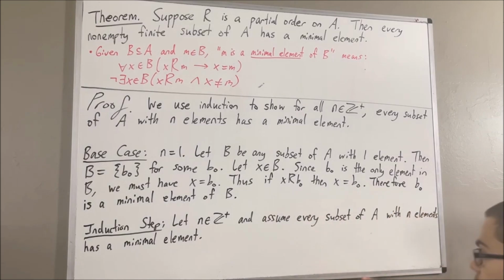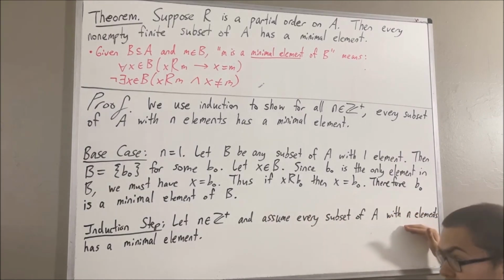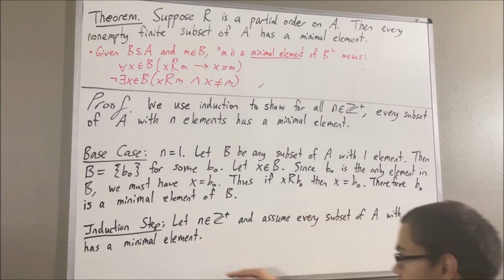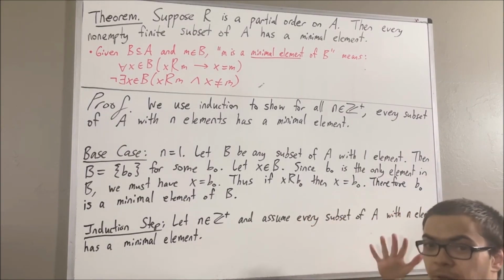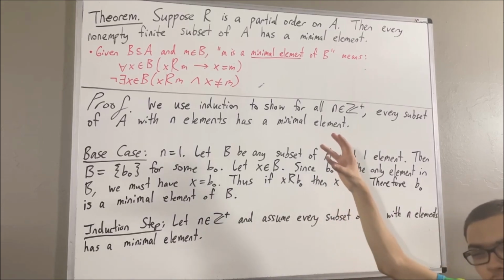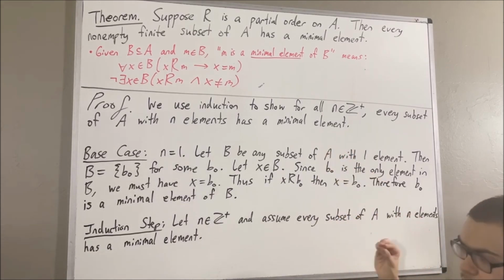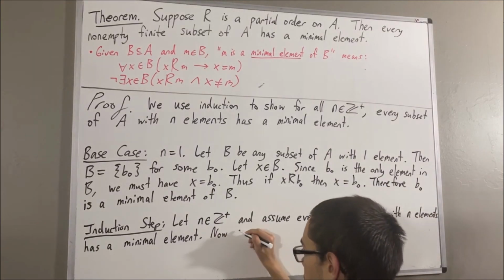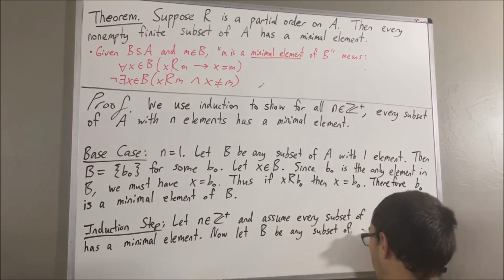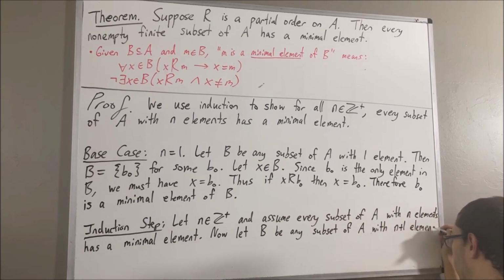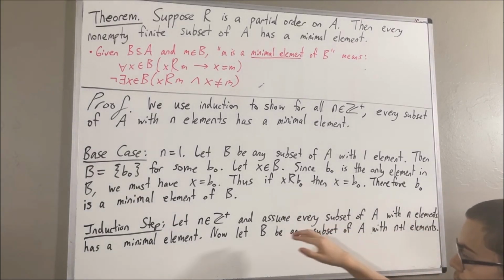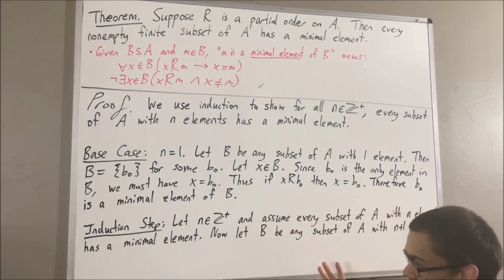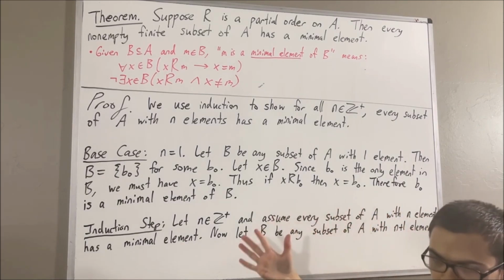That is, we want to show that every subset of A with n plus 1 elements has a minimal element. Well, since we're trying to prove a statement about every subset of A with n plus 1 elements, let's give ourselves an arbitrary subset of A with n plus 1 elements. I'll call that set B. And from here, we want to show that B has a minimal element. If we can do that, then that will complete the induction step.